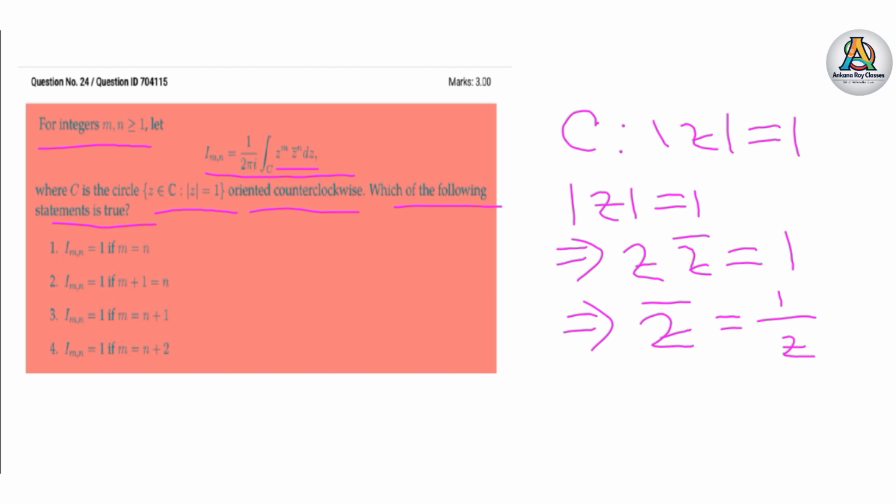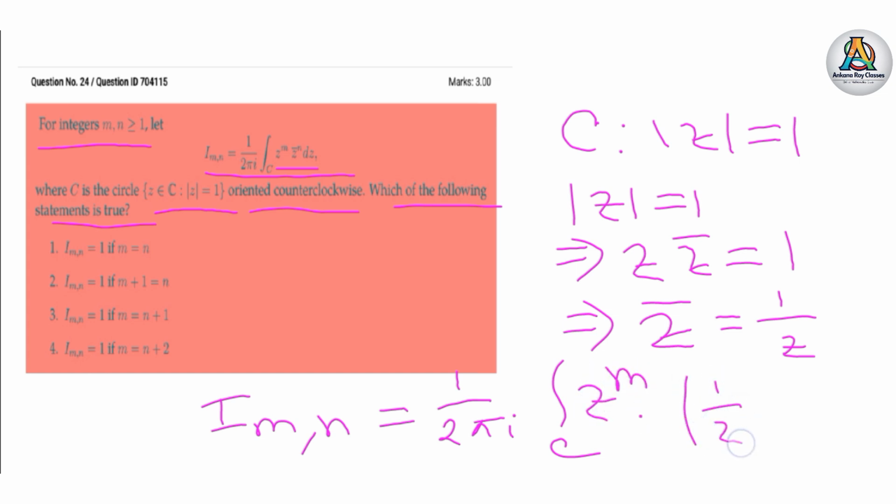So we can put the value of z bar equal to 1 by z in the integration I_mn. I_mn is equal to 1 by 2 pi i integration over C z to the power m into (1 by z) whole to the power n dz.